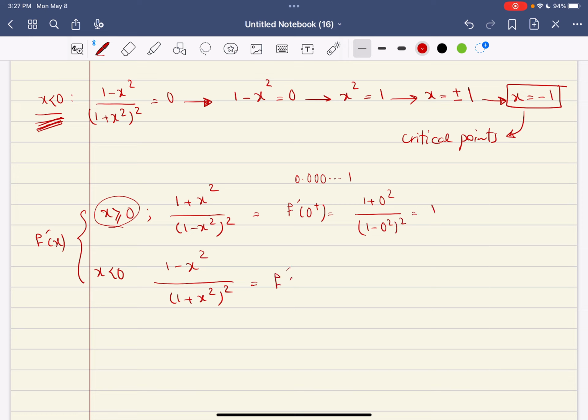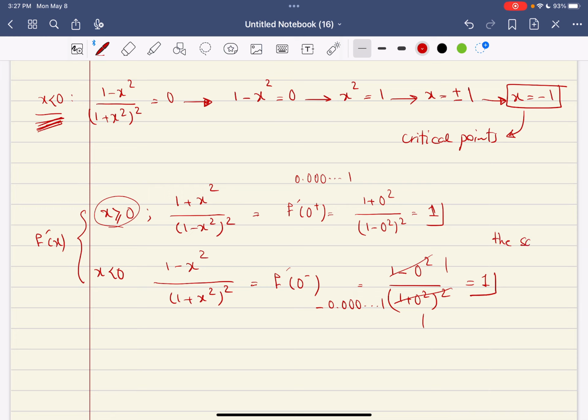And for f prime at 0 minus, or values very close to 0 but not 0 itself, from the negative side, it would be 1 minus 0 to the power of 2 over 1 plus 0 to the power of 2 to the power of 2. This part is 1, that part is 1 as well, so the answer would be 1. So these two answers are the same.